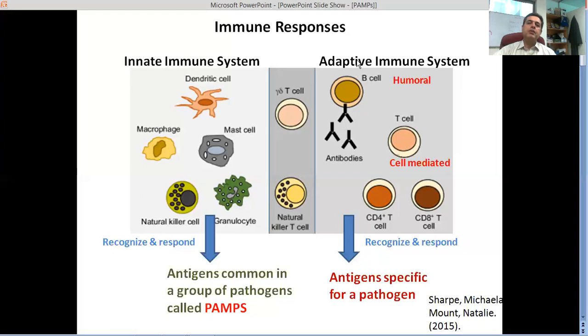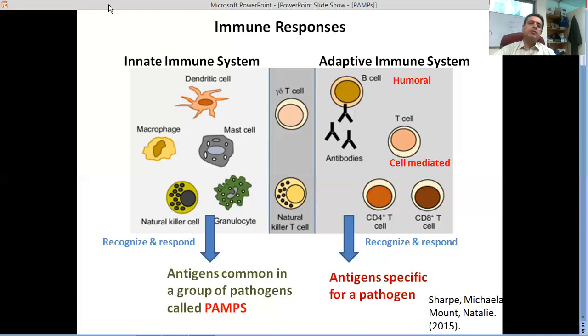For instance, the adaptive immune system, on the right side, can differentiate among different bacteria. It can specifically kill a bacteria. For instance, it can tell which bacteria is Salmonella typhi. But the innate immune system, on the left side, cannot tell which bacteria is Salmonella typhi.